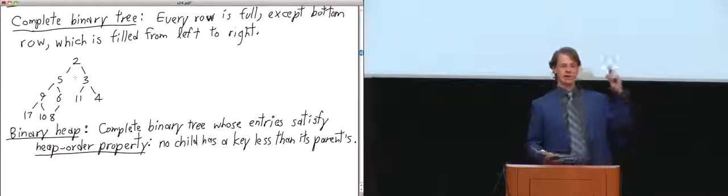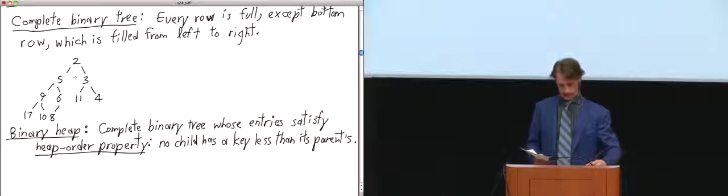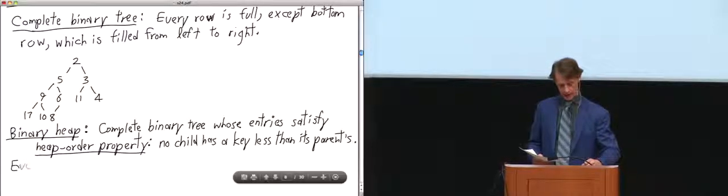One really interesting property of binary trees that we're going to use to make sure that our algorithms are correct is the fact that every subtree of a binary heap is a binary heap.